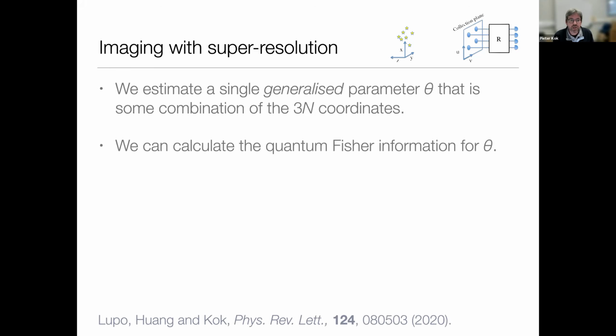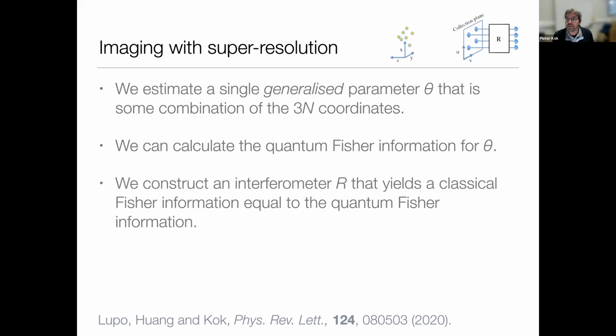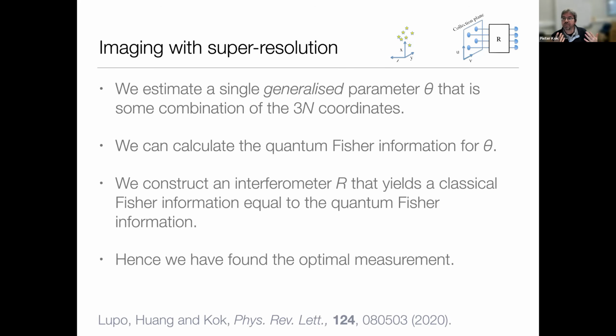We can calculate the quantum Fisher information for that particular parameter. We can also construct an interferometer that gives rise to a classical Fisher information. And what we showed is that we can get an R that gives a classical Fisher information that is equal to the quantum Fisher information that we calculated from the source itself.